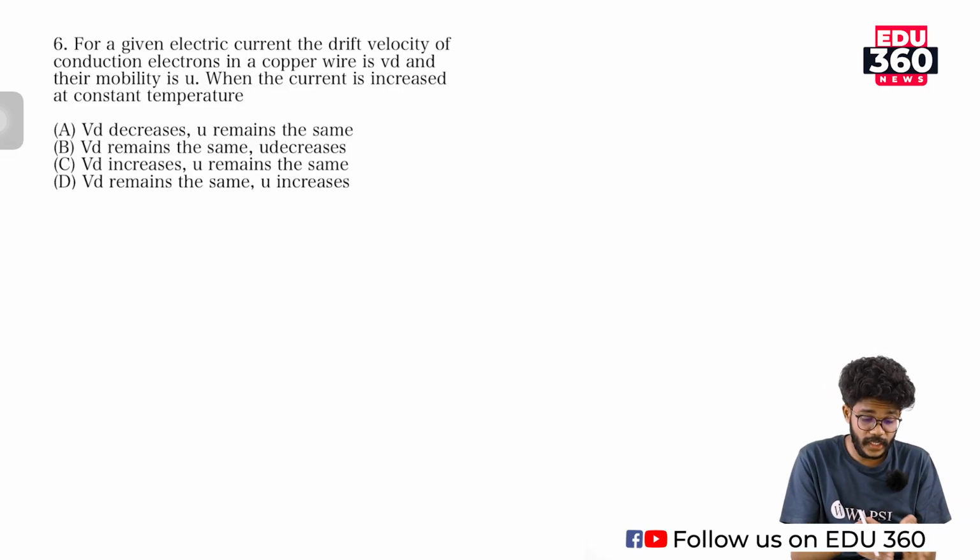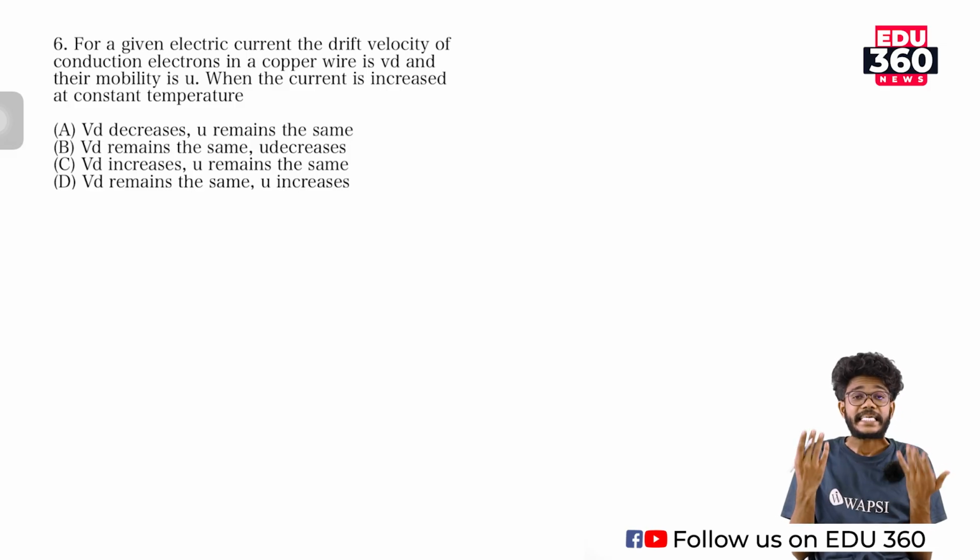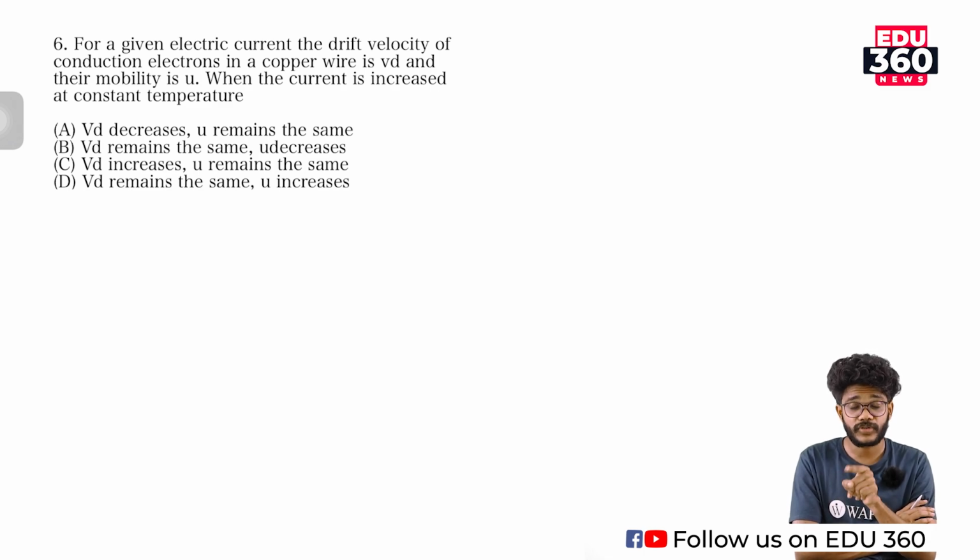So actually they are saying that the current is increased. That means the number of charges is increased at a particular point. That means the flow of current is increased. In order to increase the rate of flow of electrons or charge, the drift velocity gets increased. What is meant by drift velocity?